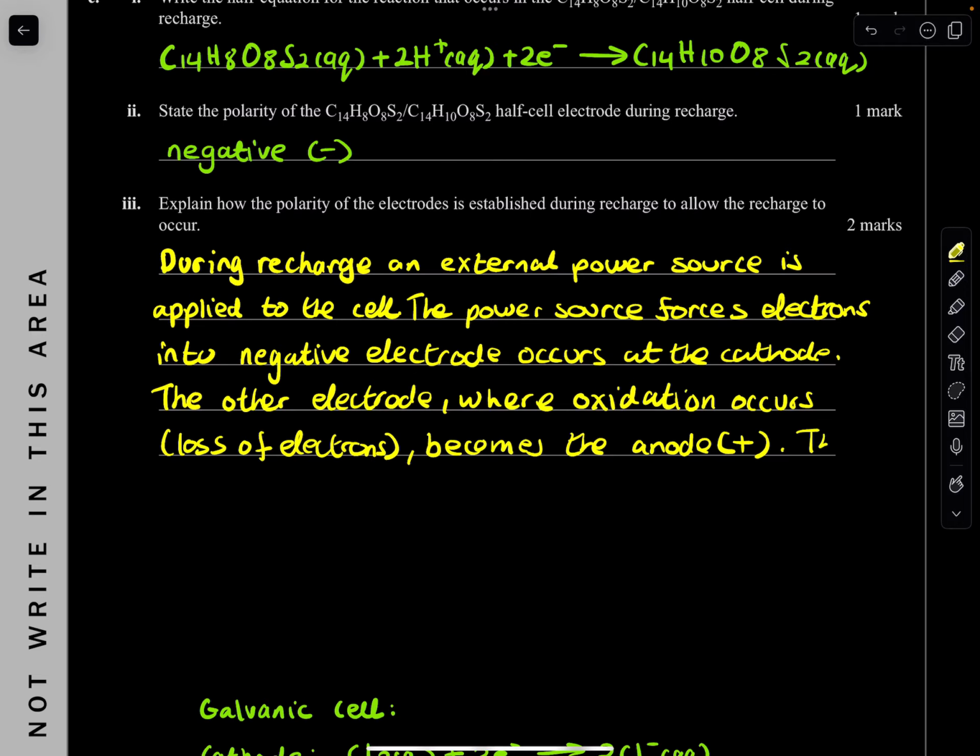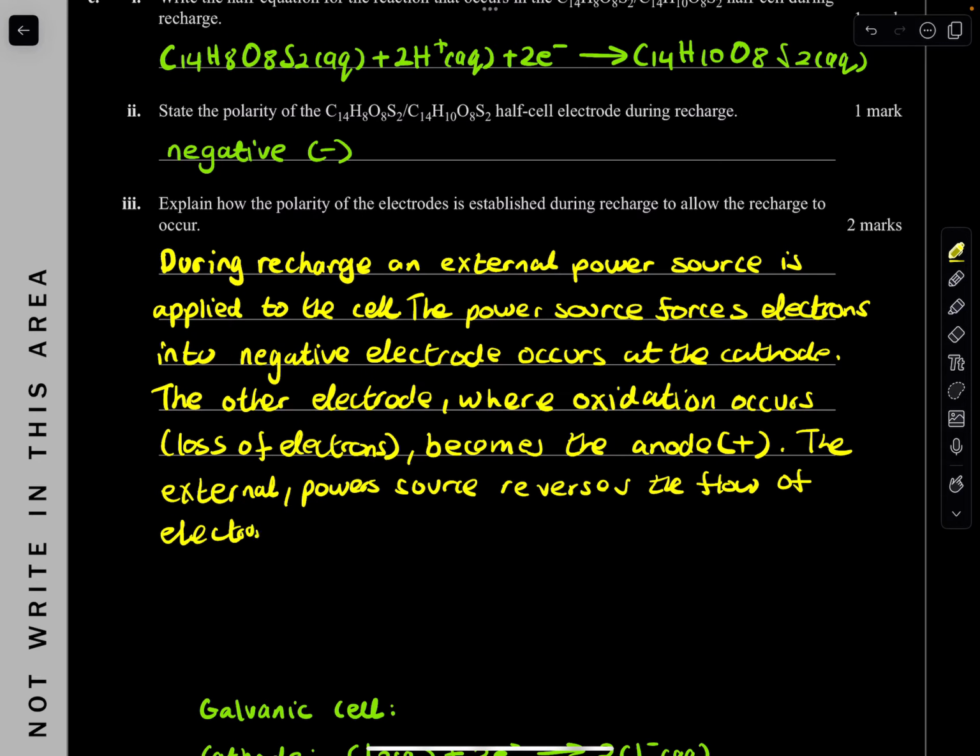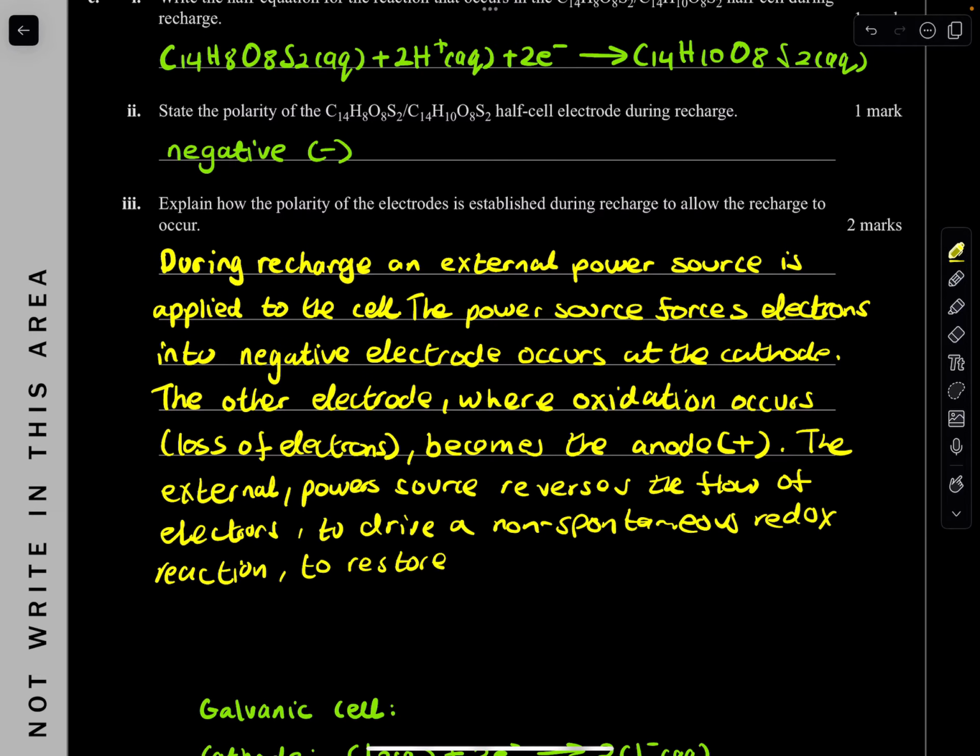And so overall, the external power source reverses the flow of electrons to drive a non-spontaneous redox reaction, to restore the original reactants.